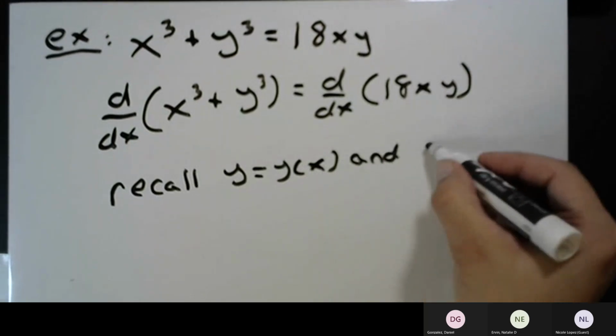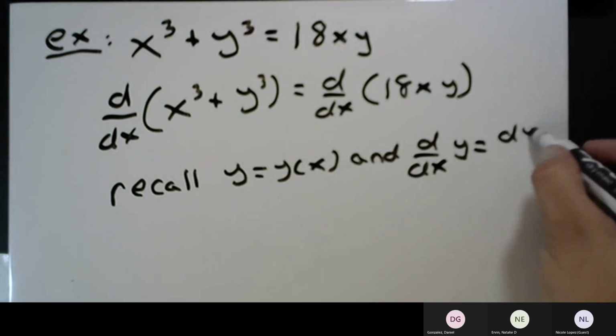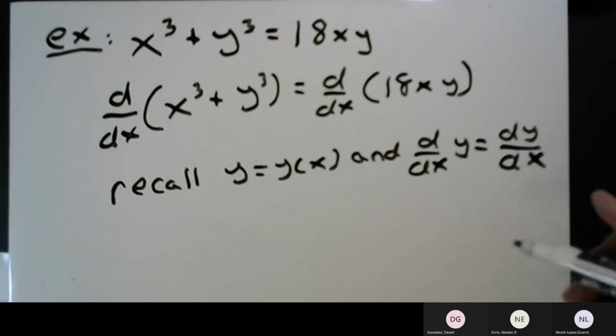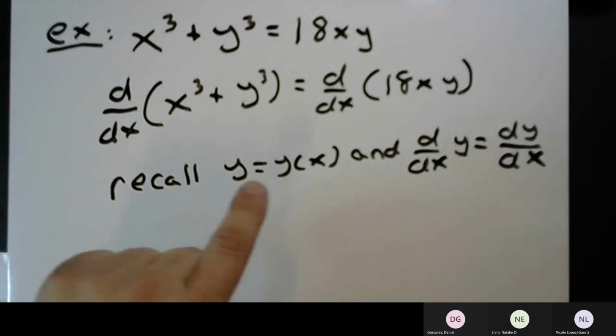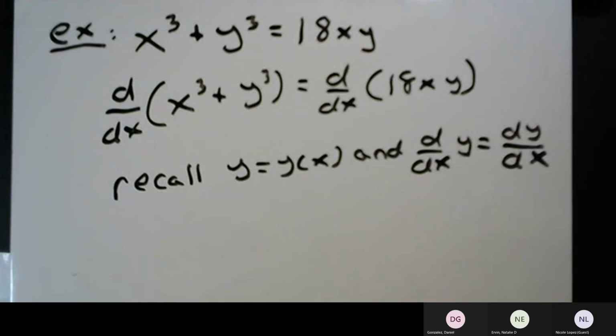And this means d/dx of y, well, it's just dy/dx. It's some derivative. Now, we don't have y defined explicitly, but it's going to be some derivative of y with respect to x. And that's okay. If someone came along and gave us more explanation about what the relationship is with y and x, where x is an input and y is an output, that'd be great, but unfortunately, we don't have that. So we'll do our best.